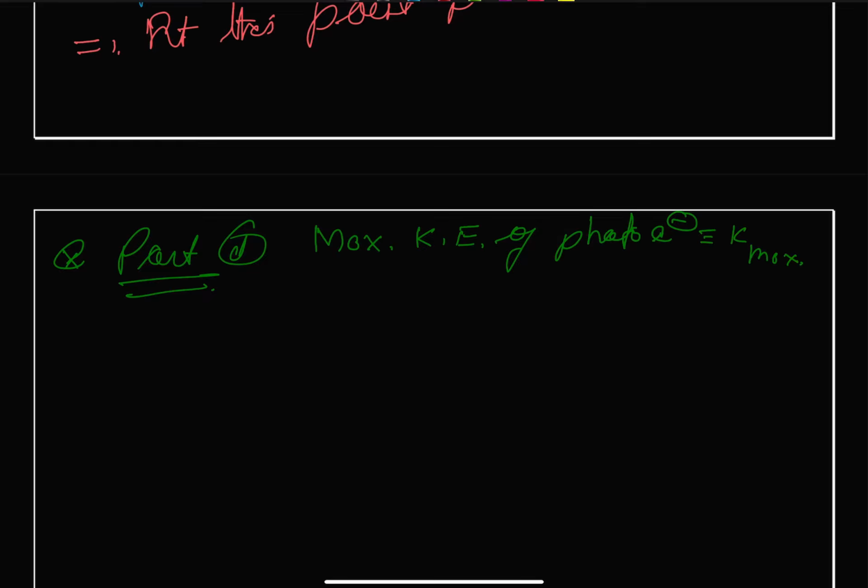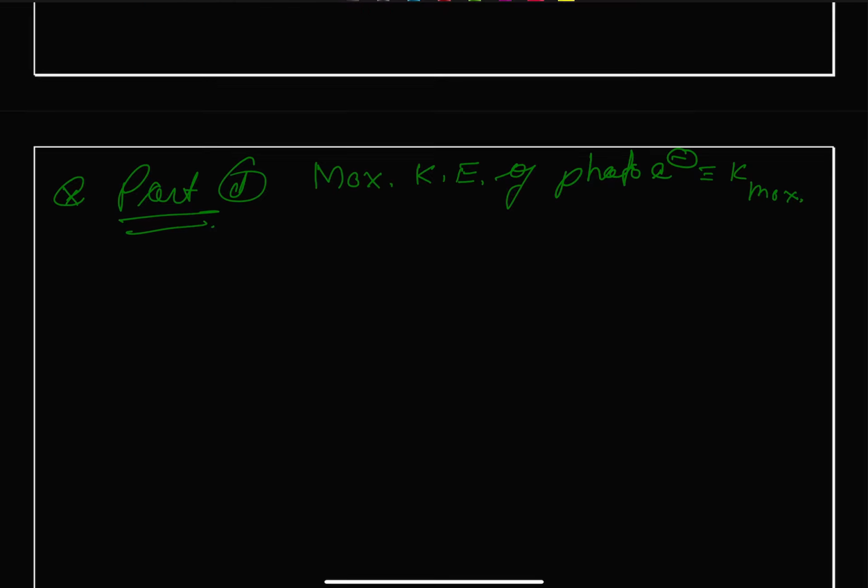That is a standard equation. We can write K max will be equal to energy minus work function. Energy is given as 5, work function is 3. This comes as 2 electron volt. So it means the photo emission stops when the sphere becomes charged enough for this maximum greater than or equal to this 2 electron volt.